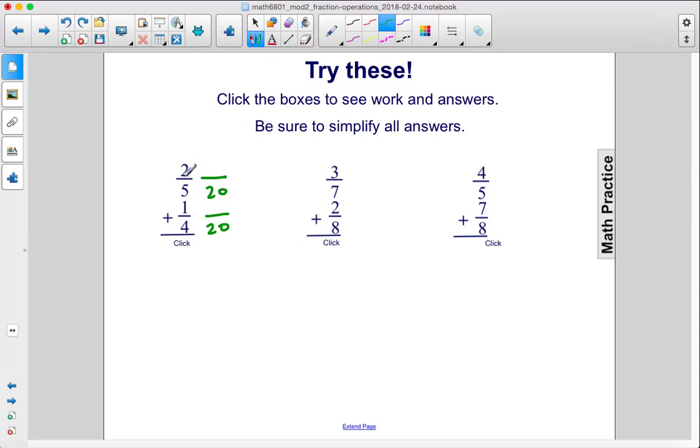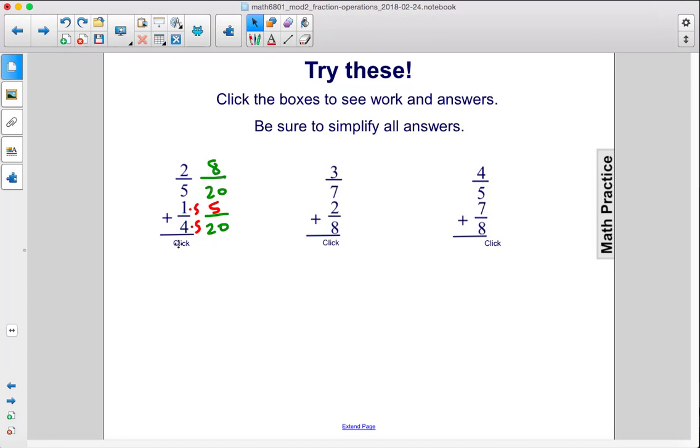So in this case, we can multiply the numerator by 4 to get 8. Down here, we have to multiply 4 by 5 to get 20. So multiply the numerator by 5 to get 5. So then we have 8 over 20 plus 5 over 20. That's the equivalent. Then you just add the numerators. 8 plus 5 gives you 13.